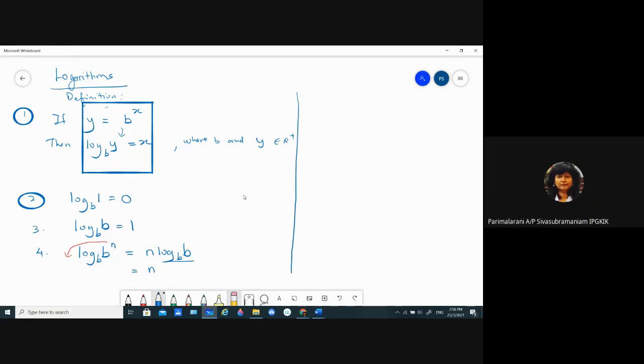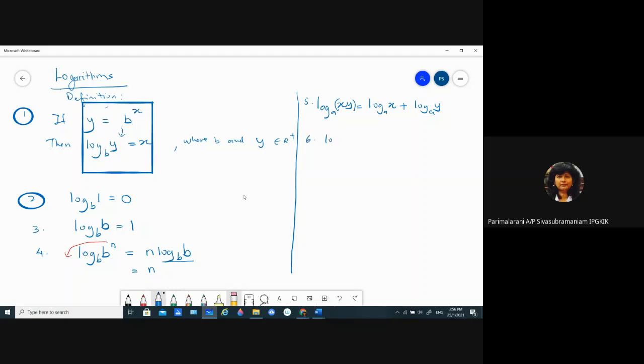These are the more important laws. Log xy base a is also equal to log x base a plus log y base a. Sometimes we don't have to read the base because the base is always the same. So log xy, we can write as log x plus log y.